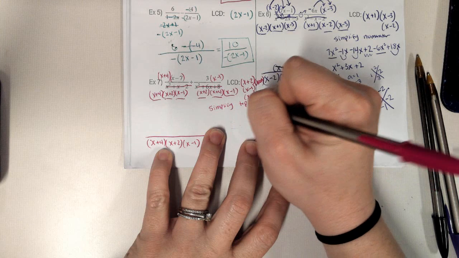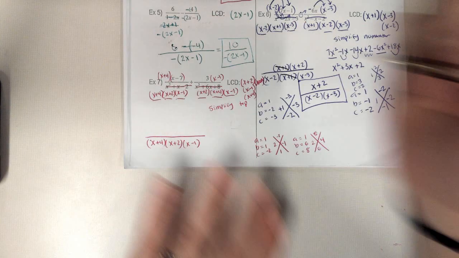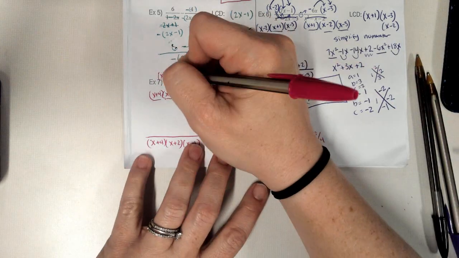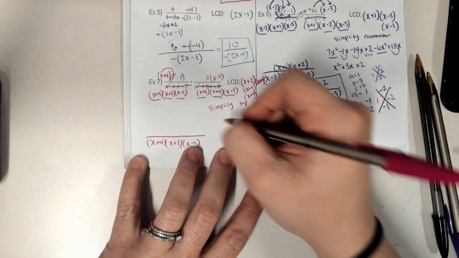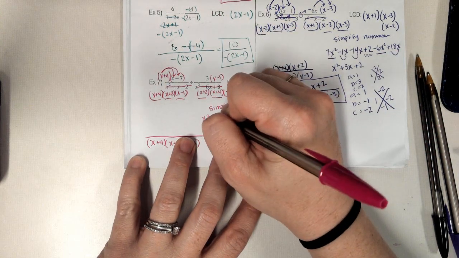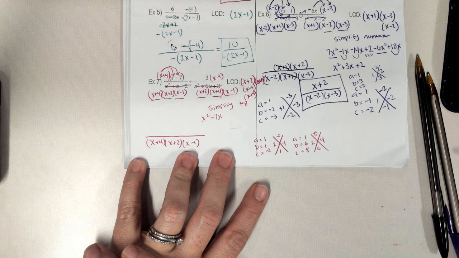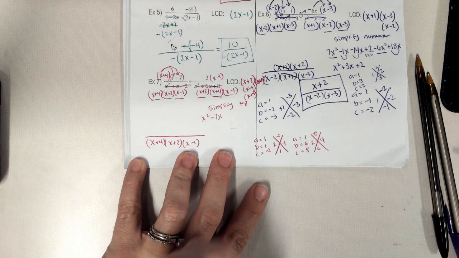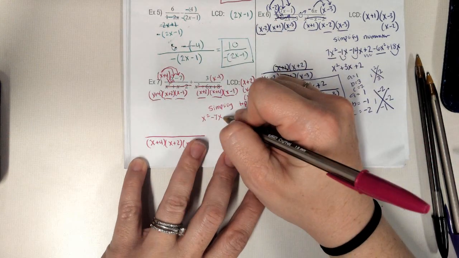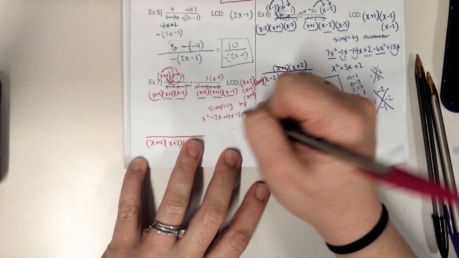I'm just going to write top because I don't have room for the numerator. So x, everybody okay? Okay. x times x is x squared. x times negative 7 is negative 7x. 4 times x is positive 4x. 4 times negative 7 is negative 28.